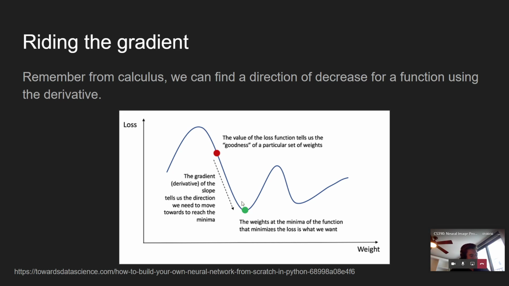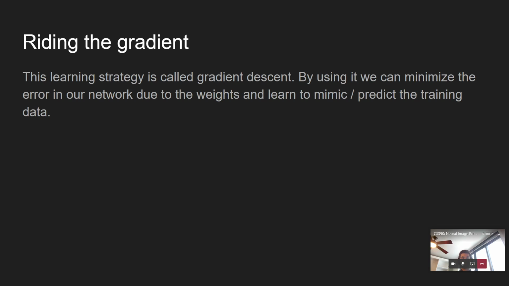We want to get down here if we can. So by finding the derivative with respect to each weight, we can find how we need to change that weight to make that loss function go down. This strategy is called gradient descent. By using it, we can minimize the error in our network due to our weights. And what that will result in is, again, this nice general function that is able to mimic a specific function that we've trained it on.